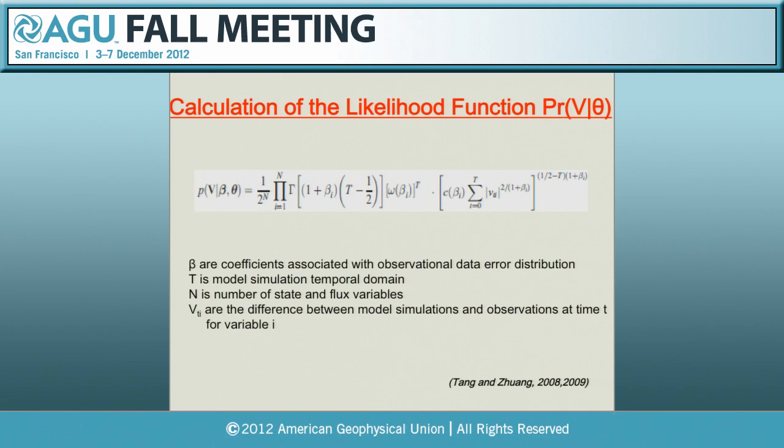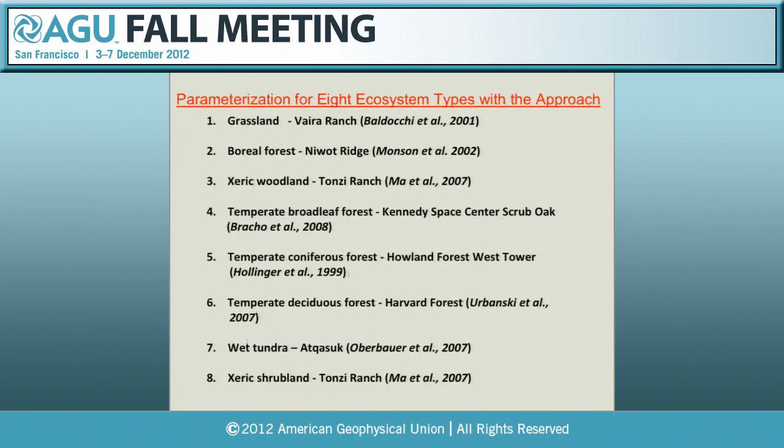And here you can see how to consider the observations against model simulations. That's how the data are used in this procedure. For technical details, we have a former student, Jing Tang, who published a number of papers in JGR in 2008 and 2009. You can look at those technical details.